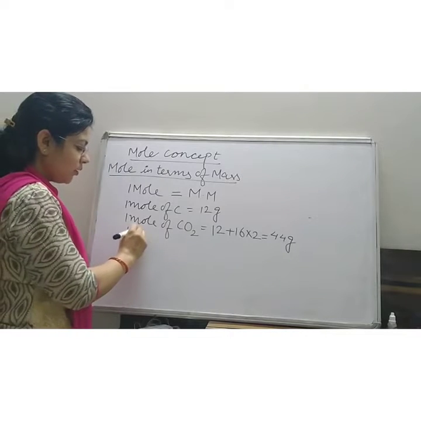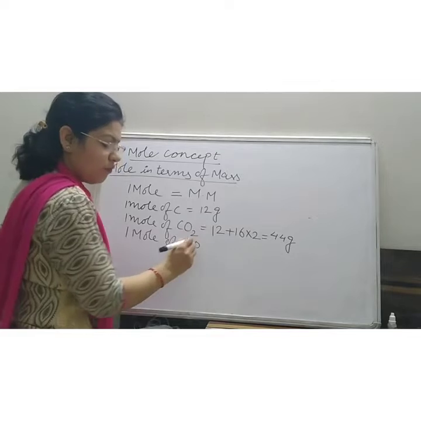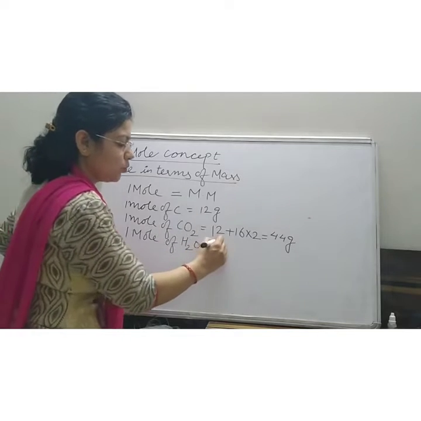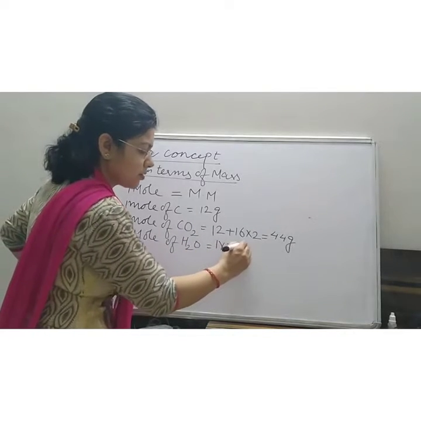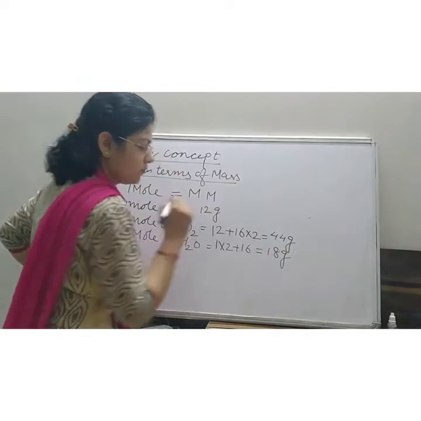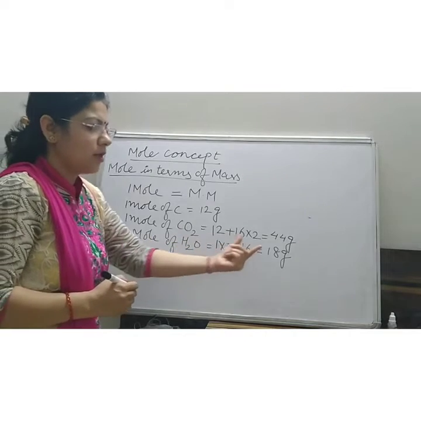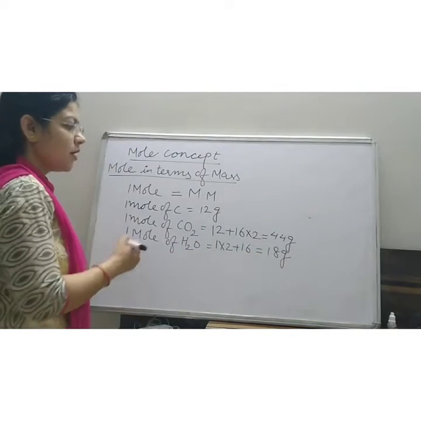Now 1 mole of water is equal to 1 into 2 plus 16 is equal to 18 grams. 1 mole of water has mass equal to 18 grams.